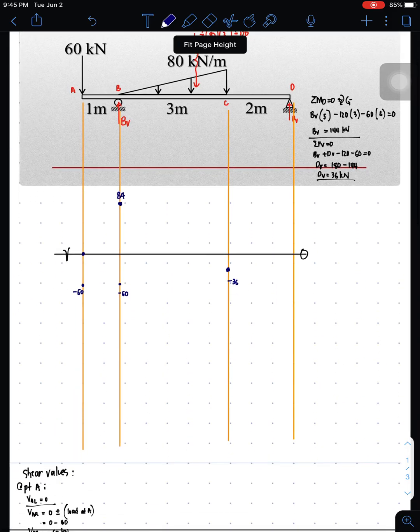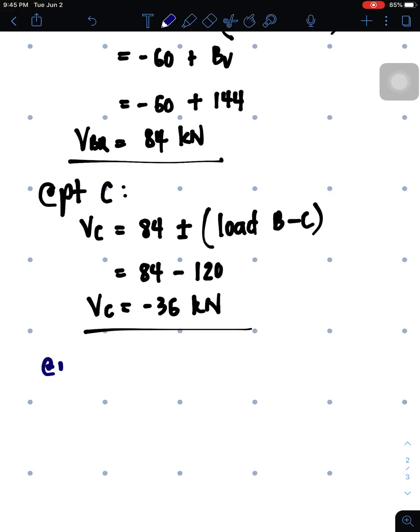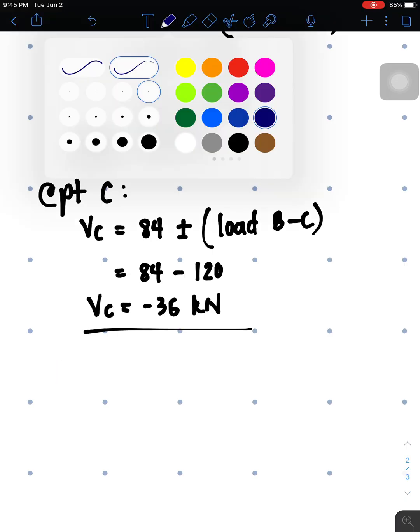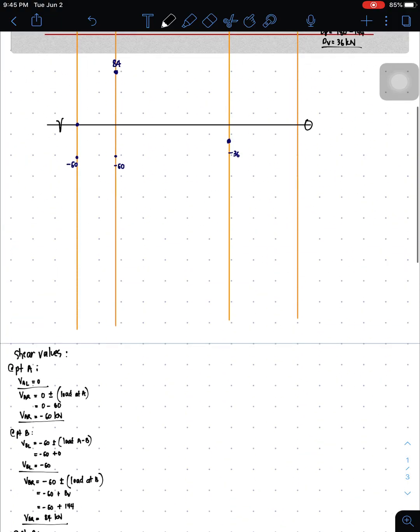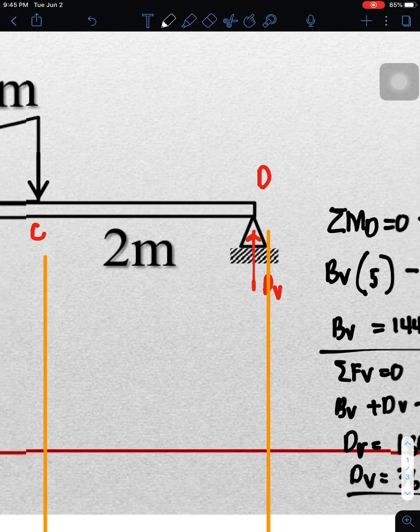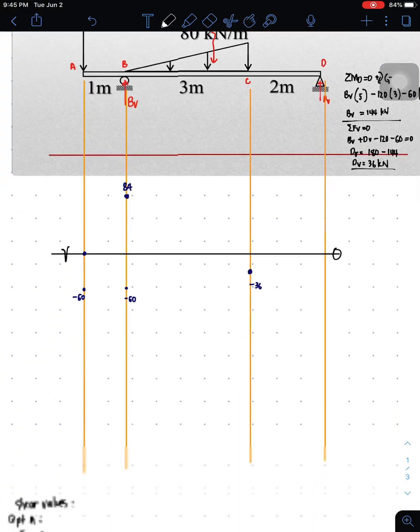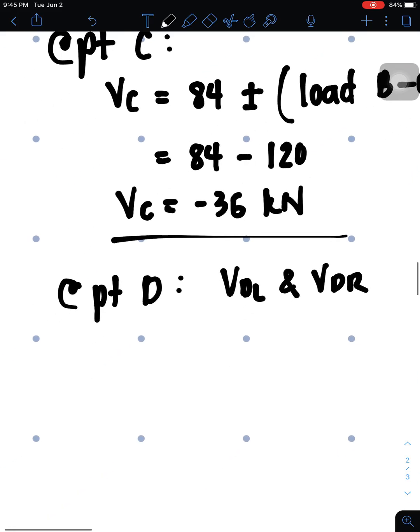Now, let us proceed. I'm writing using a black pen. So at point D, we examine, is there a concentrated load at point D? Yes, there is. The concentrated load at point D is the dV, upward. So therefore, there would be two values, VD left and VDR. So let's start with VD left.